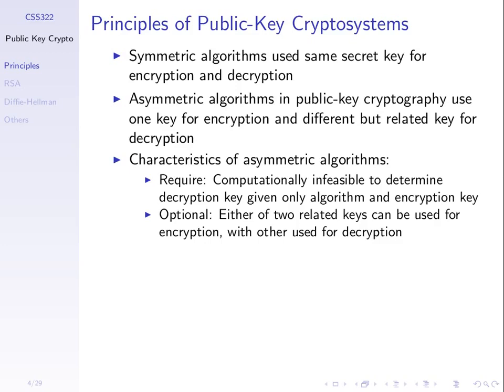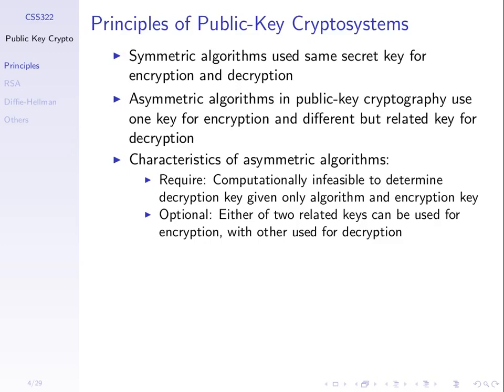That is, given the public key, it must be practically impossible for the attacker to find the private key, because if they can find the private key, it's no longer private, and our security is defeated. So we'll say that the algorithms require the keys to be related in some way, but even though the attacker knows that relationship, given one of the keys, it should be hard for the attacker to find the other key. And that's where our number theory will come in.